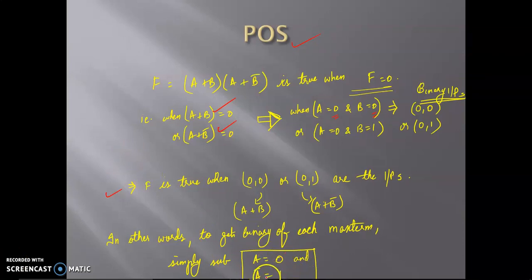That is, a is 0 and a bar will always be equal to 1. So we keep this in mind in the case of max terms or in the case of POS. This is how we find the binary values corresponding to each max term such that the function is true.